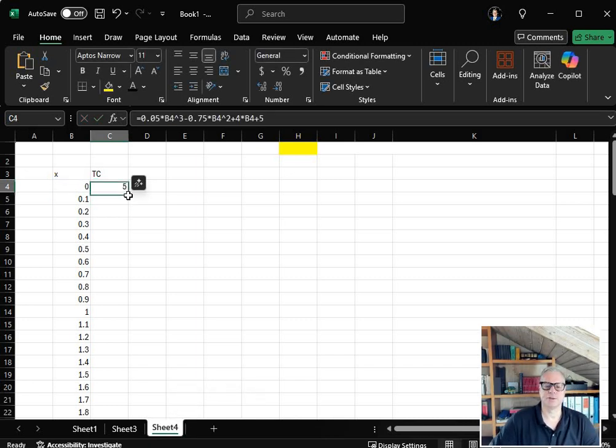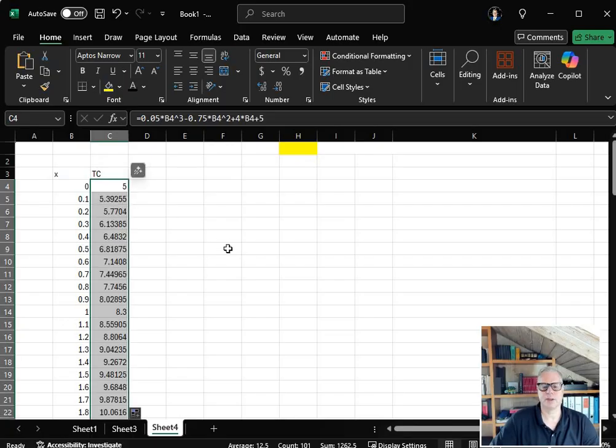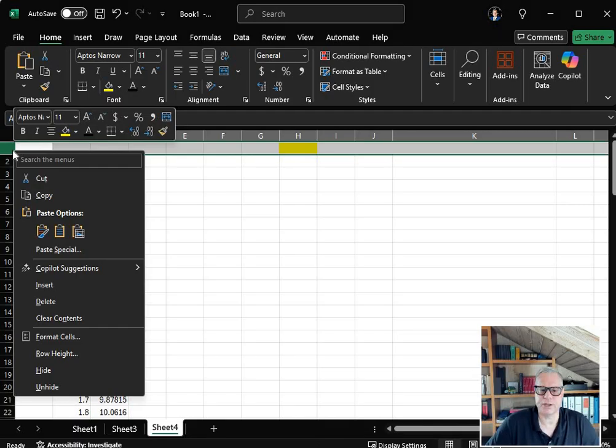Okay, so now we have a total cost function, and this should give us an inversely S-shaped function.